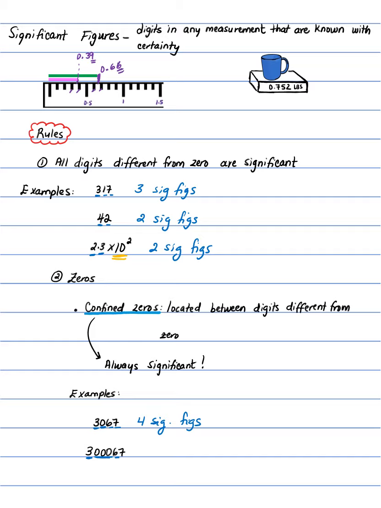So that's already 3 significant figures. And then all of your confined zeros, which are 3 of them, are going to give you a total of 6 significant figures. So you have 1, 2, 3, 4, 5, 6. So that's the first type of zero, confined zeros, and they're always significant.